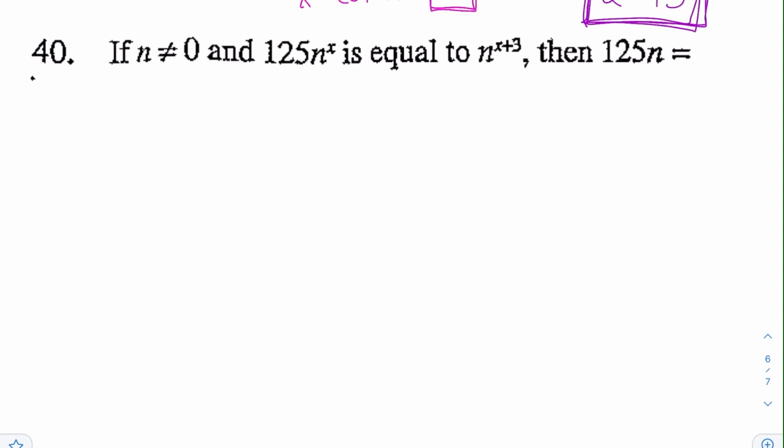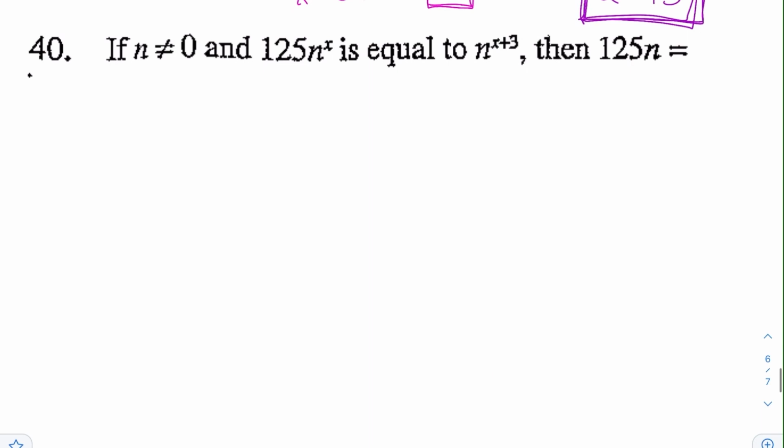Next, for number 40, if n is not equal to 0 and 125 times n to the x is equal to n to the x plus 3, then 125 times n is equal to, so you know that 125 n to the x is equal to n to the x plus 3. So here, n to the x plus 3, you can actually split up into two pieces because you can use this rule.